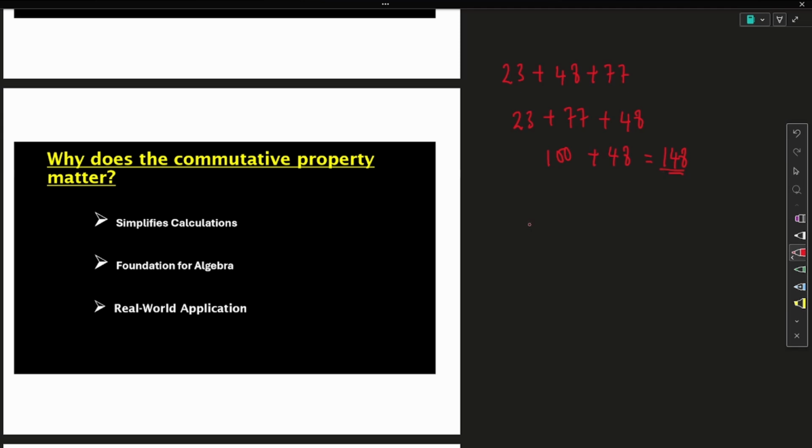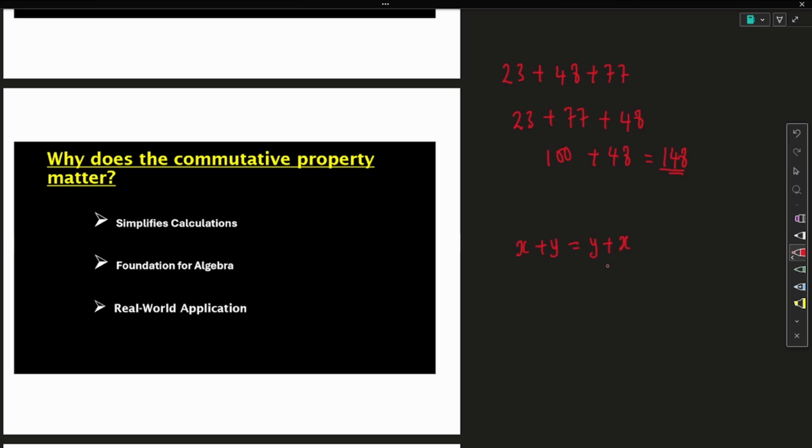2. The commutative property is one of the foundations of algebra. When we are working with variables in algebra, as we shall see in our future video, the commutative property ensures that you can rearrange the terms without changing the result. For example, x plus y is equal to y plus x. 3.